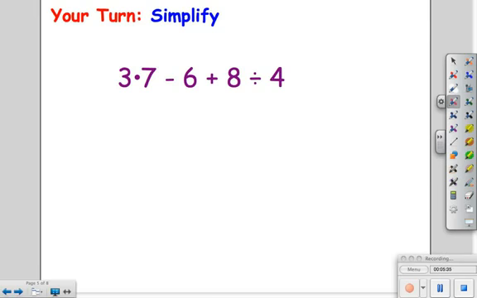Your turn to try this problem. Pause your video and try this problem on your own. Did you get 17? If you did, give yourself a mustached smiley face.